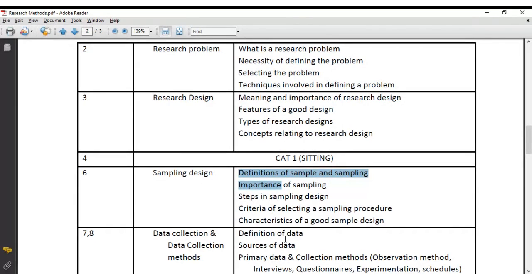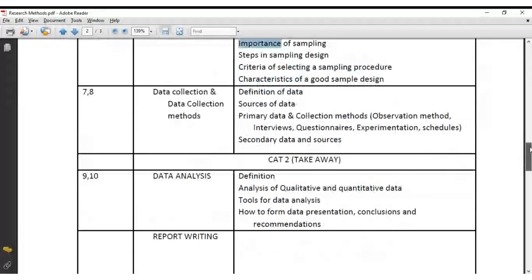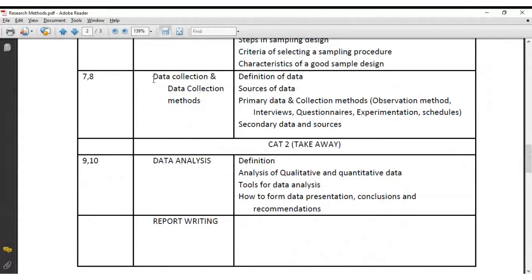And in the next chapter, we are going to do data collection, and under data collection, we are going to have definition of data, what is data, sources of data, primary data and primary data collection methods, secondary data and secondary data collection sources.